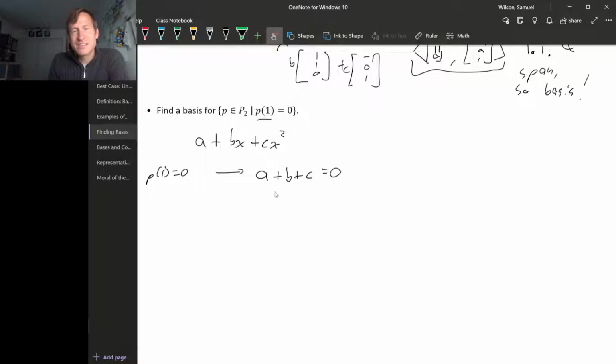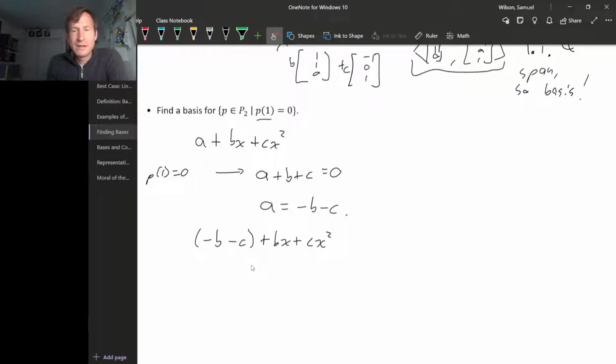Well, look, this is kind of like in our previous example. This is a relationship that tells us something about a, b, and c. So we can rearrange this to phrase it in terms of pivot variables and free variables. So a is minus b minus c. And that means that our polynomial has to be minus b minus c plus bx plus cx squared.